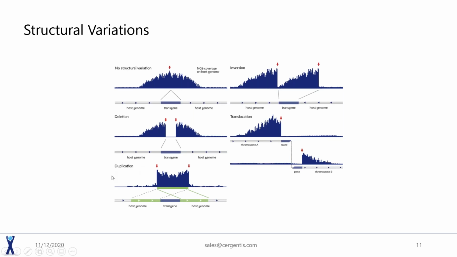In case of duplication, we would then expect to see the sequence being duplicated at either end of the integrated transgene. In the event of inversion, we would expect to see this type of aberrant coverage profile whereby the arrows depict the position of the breakpoints. And for translocation, of course, you have on one chromosome the transgene, then the breakpoints, which then continues onto a different chromosome.